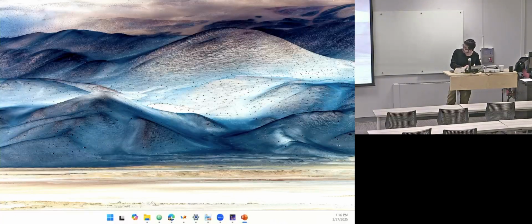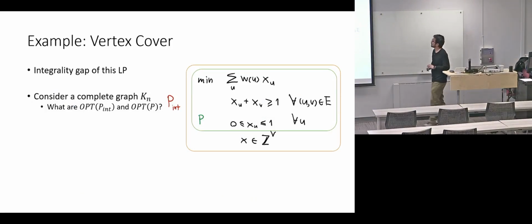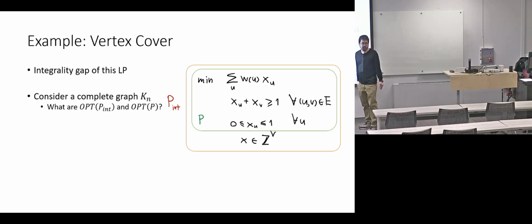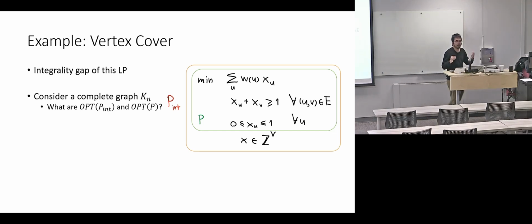Let's look at this LP for vertex cover and try to see what the integrality gap of this LP is, and maybe look at the complete graph. Let's say the complete graph is of size n, a complete graph with n nodes.